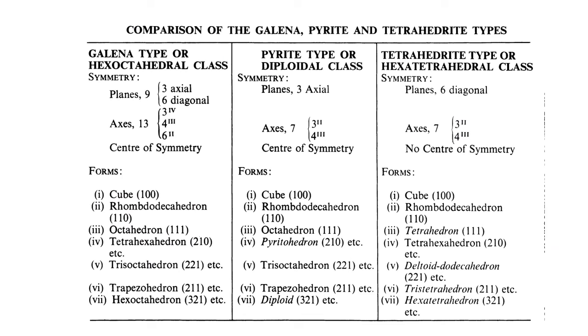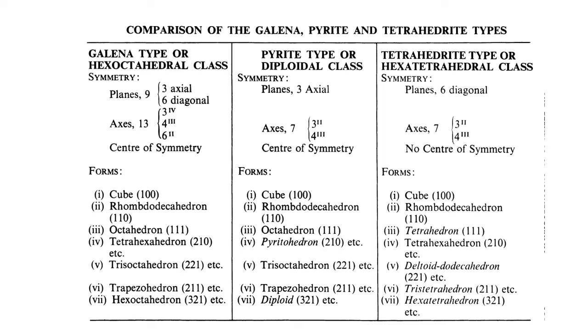So in the cubic system we have 3 different classes, that is the Galena type or hexaoctahedral class, the pyrite type or diploid class, and the tetrahedrite type class.